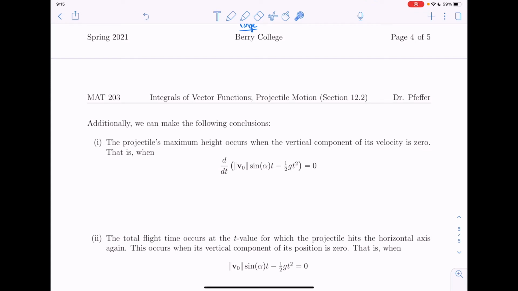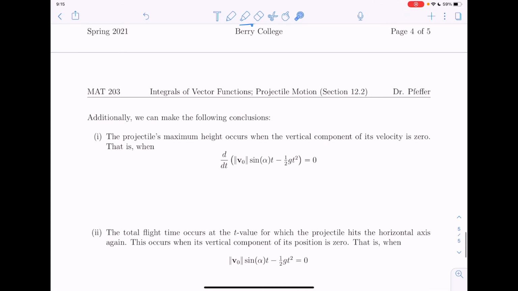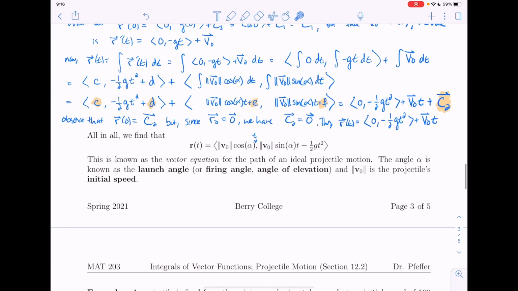Because going up, the vertical component of the velocity is positive, positive, positive. And then at a certain point, the vertical component of the velocity starts to go negative as it comes back down. So the way I like to think of that is we want to take the vertical component of the position vector, and all I did was steal that exactly from the formula that we developed up here.